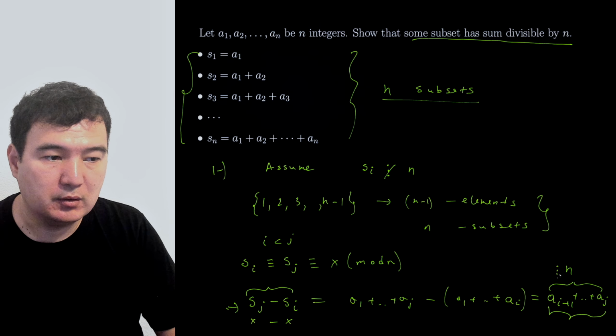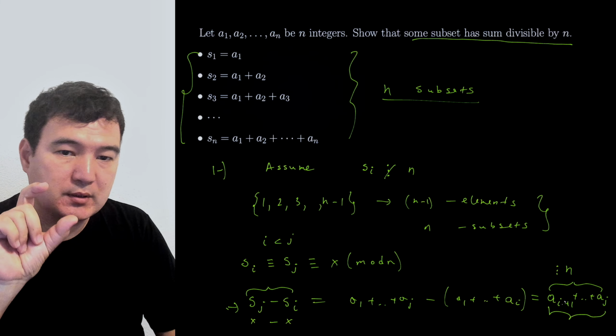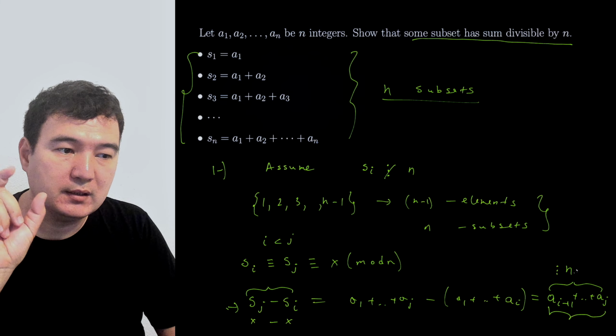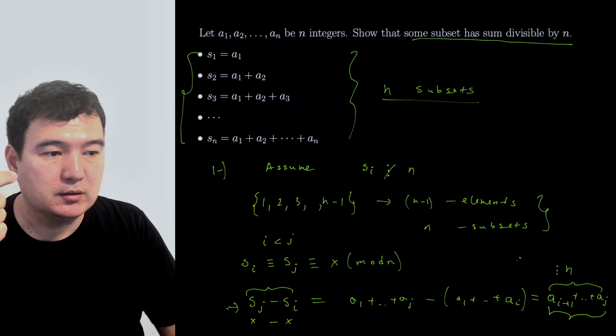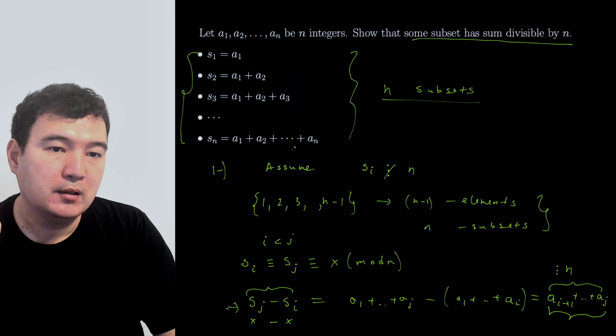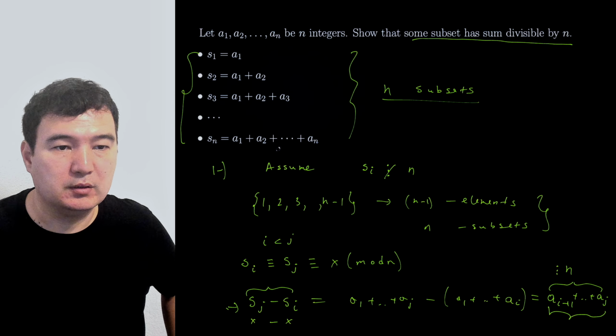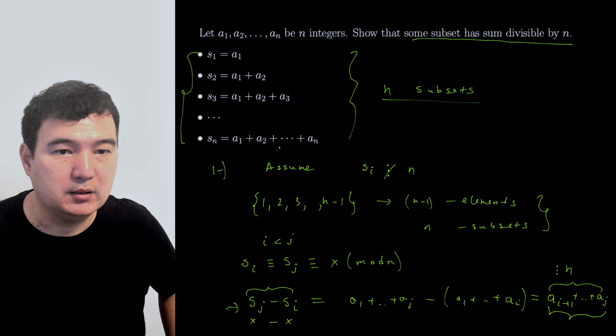That also works for our statement of the problem. There will be a subset of the a's that's divisible by n. So the idea of prefix sums is a very common and very useful strategy to prove a lot of problems or do some kind of algorithms.